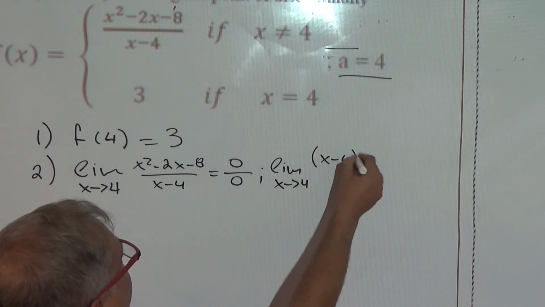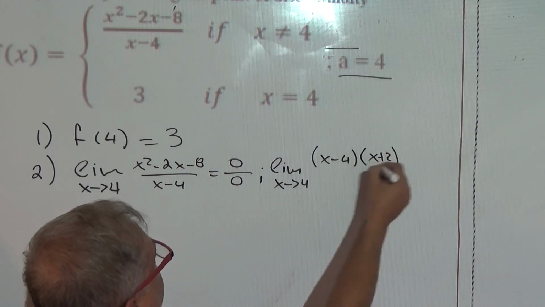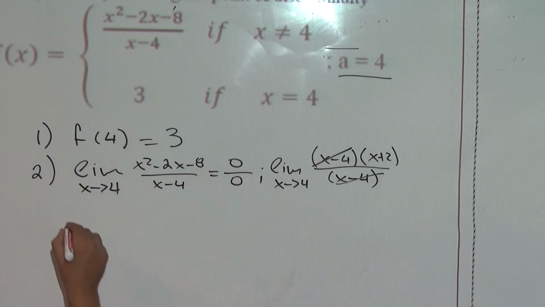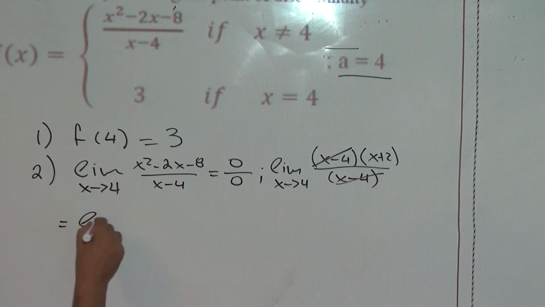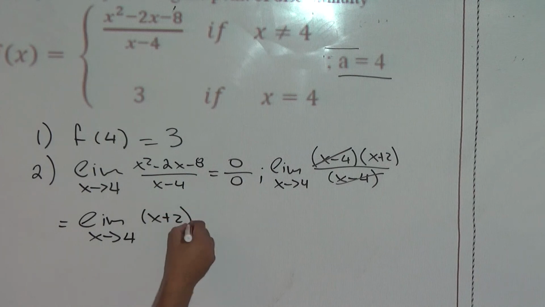So I write limit as x goes to 4, and I factor. I have an x - 4 for sure on the top, and I have (x + 2)(x - 4) over x - 4. These cancel. So I have the limit as x goes to 4 of x + 2. And then limit to a point, I substitute again, so I have 6.